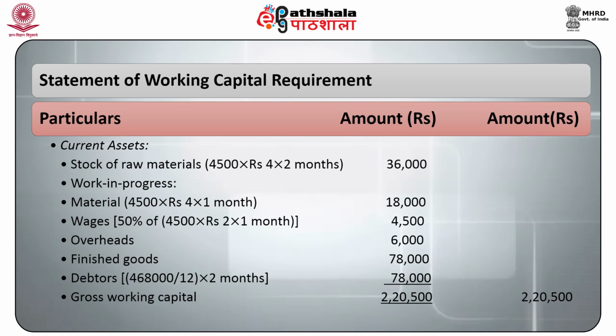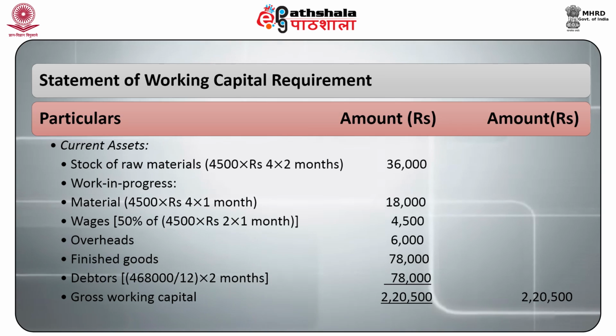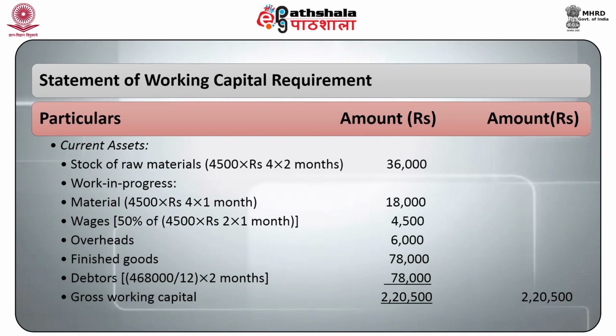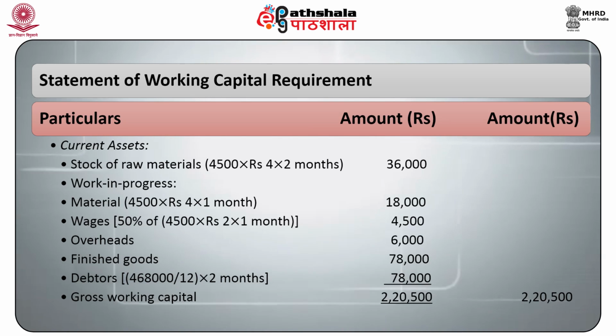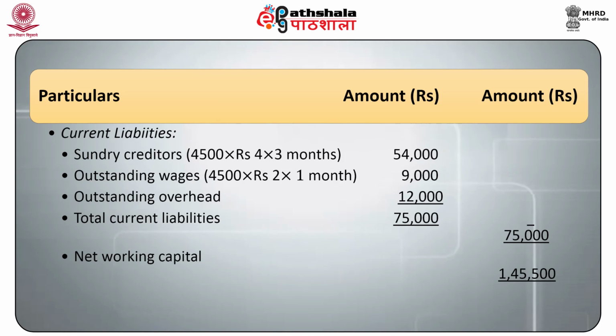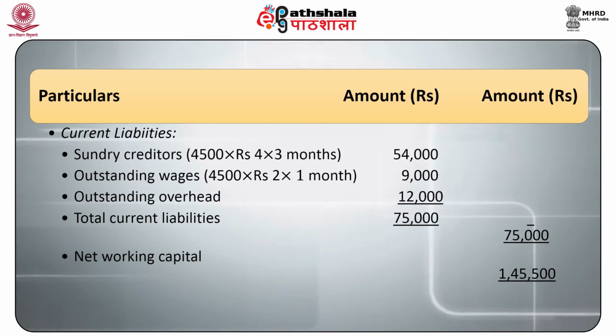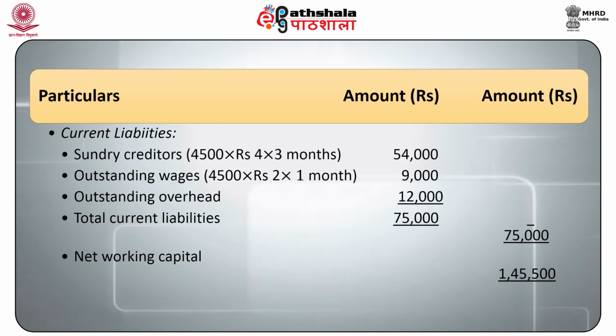The statement of working capital requirement would include particulars like stock of raw materials, work in progress, material, wages, overheads, finished goods, and debtors. These all form the current assets, which give us the gross working capital. The current liabilities include the sundry creditors, outstanding wages, outstanding overheads, and total liabilities.